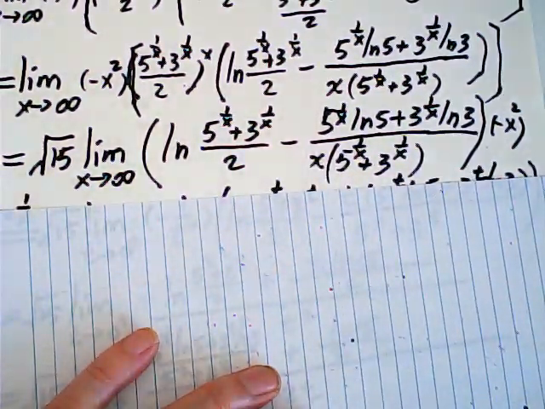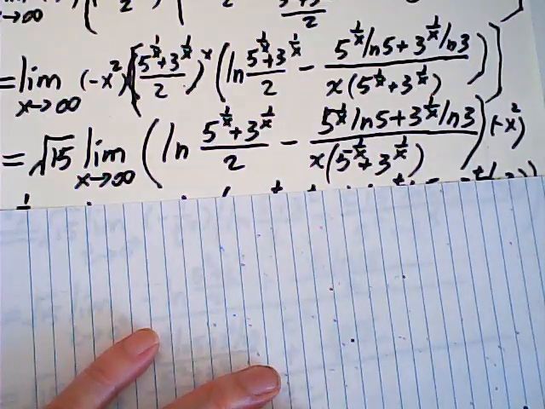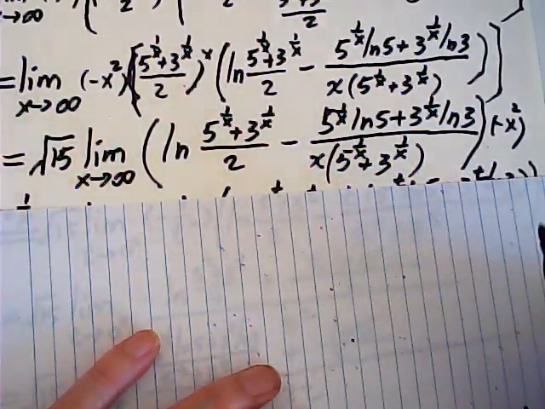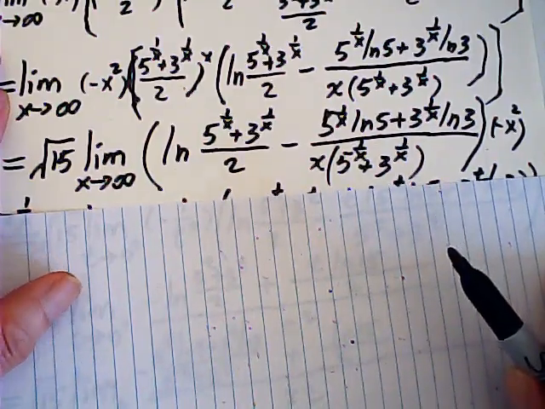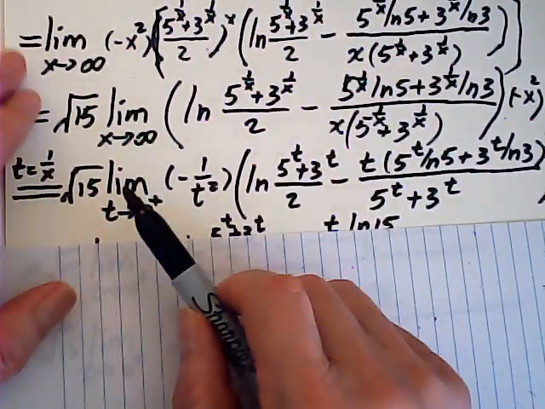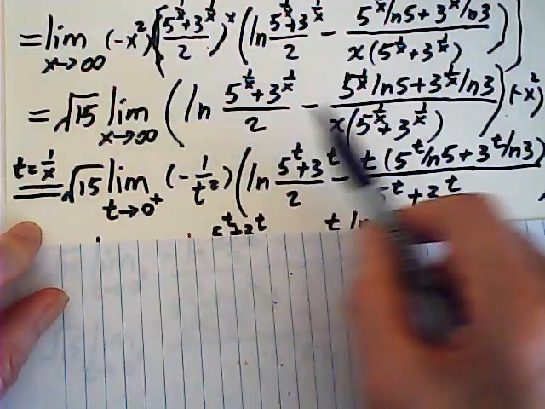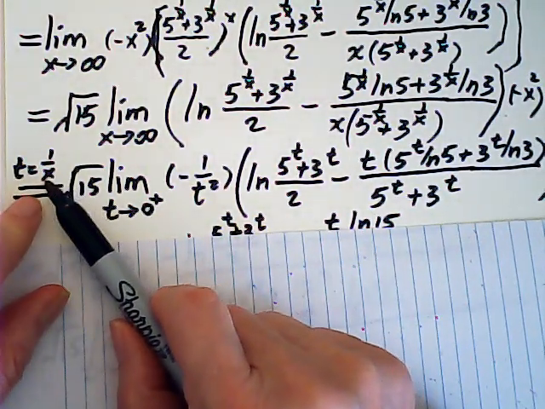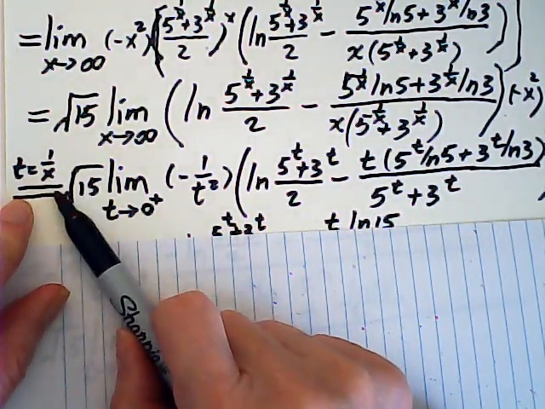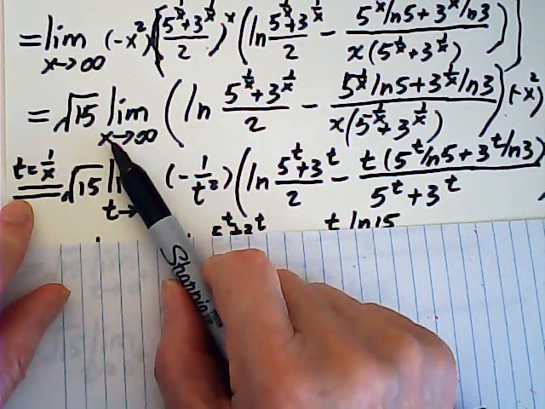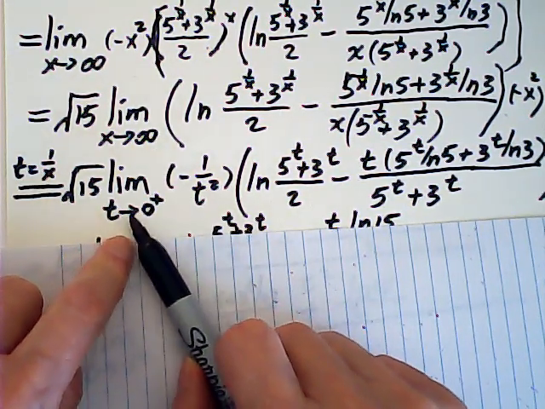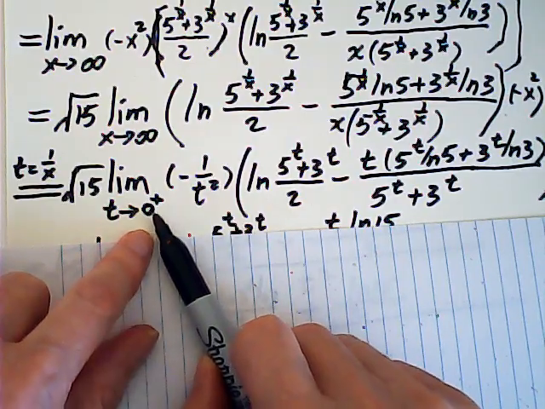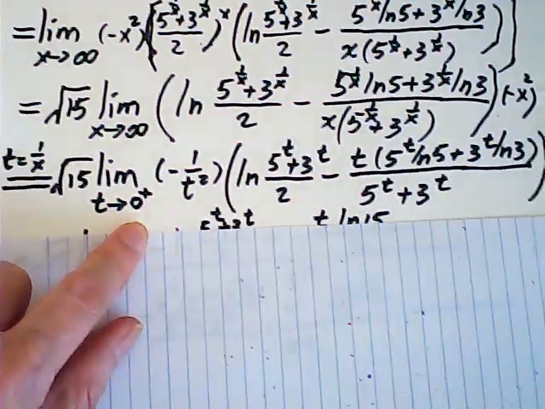Now, from here, I want to simplify the calculation because it is still quite complicated. So let me make a simplification. I let t be 1 over x. Then x approaching infinity becomes t approaching 0 from the positive side, right?